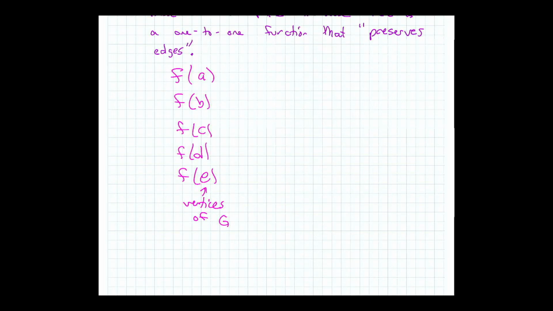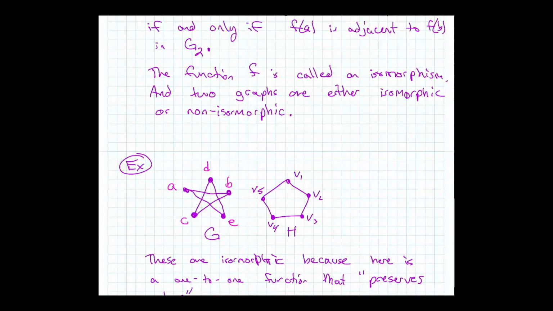Doesn't matter which one, actually. And then here you're going to have vertices of H. And what you're going to do is you pick what you want the output of this function to be. Every vertex over here is one of the vertices over here, so you just pick one and match it up.